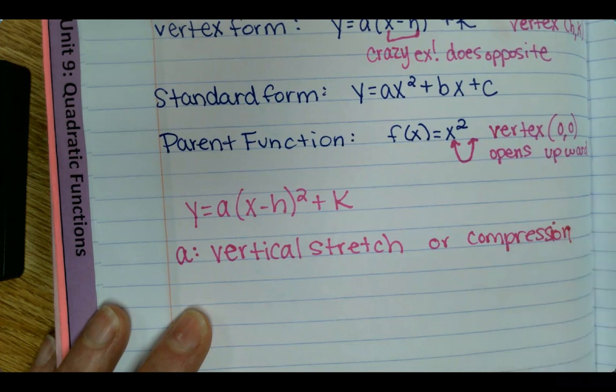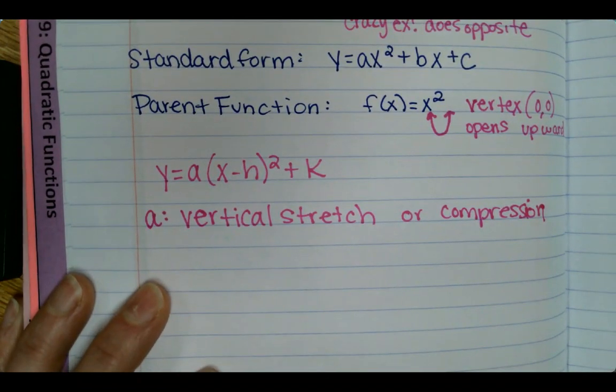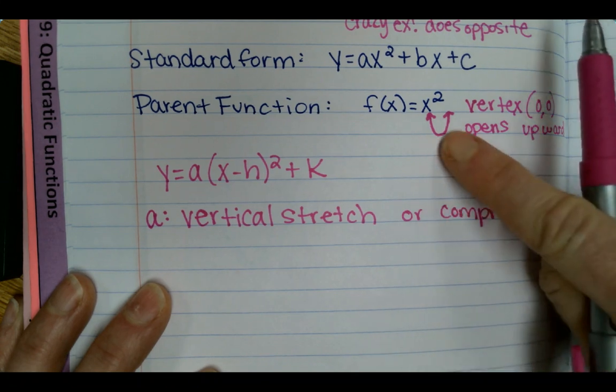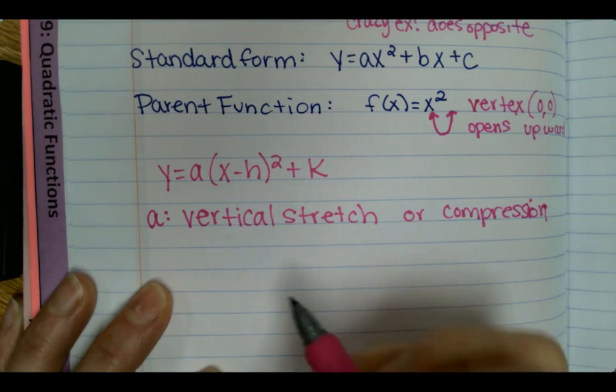So it's a stretch, like if you do times 2, that means, remember with the bowl of the parabola, it's going to become 2 times taller. So it's going to be like a stretch. A compression is going to make it smaller, a smaller, not as deep bowl. And I'll show you some examples of that.